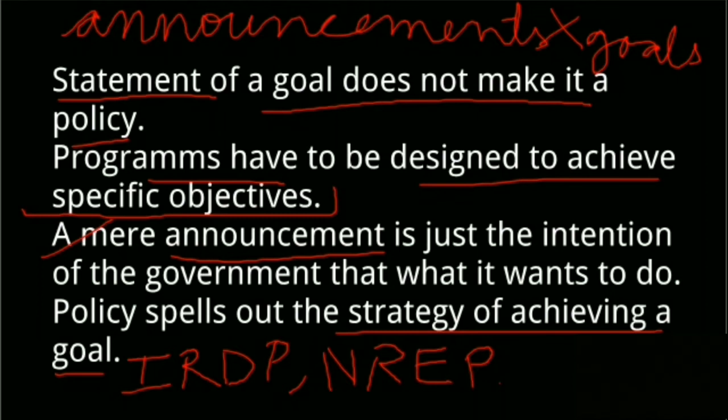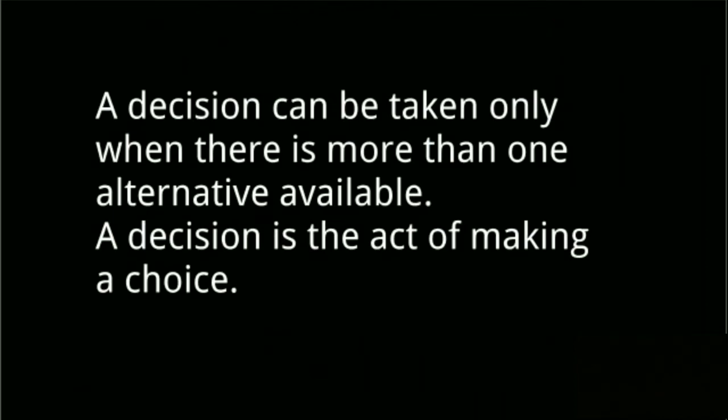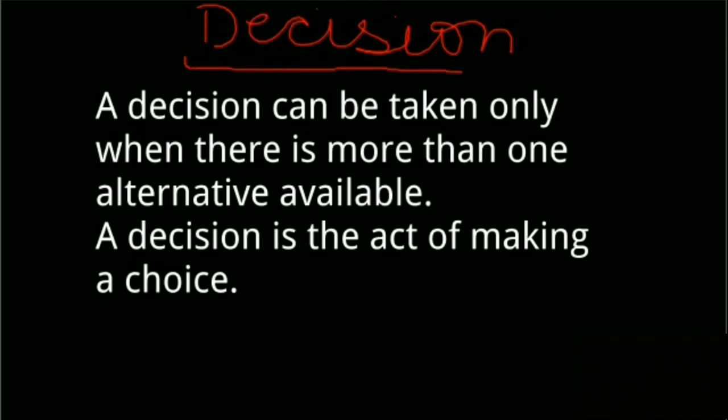Alright, now let us look at the distinction between a policy and a decision. Many a time the terms are used interchangeably, but that is not the correct usage actually. Individuals, organizations, or governments are constantly taking decisions, but not all the decisions that are taken can be described as matters of policy.